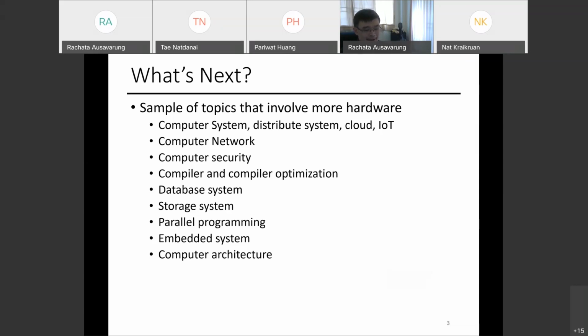How you integrate all these small devices together has a lot to do with things like the operating system, distributed systems, communication, right? All those things. Then it opens up things like computer network. You can now take a computer network class. You can look into computer security, with a little bit of caveat that you also need to know math, like numerical methods or number theory.